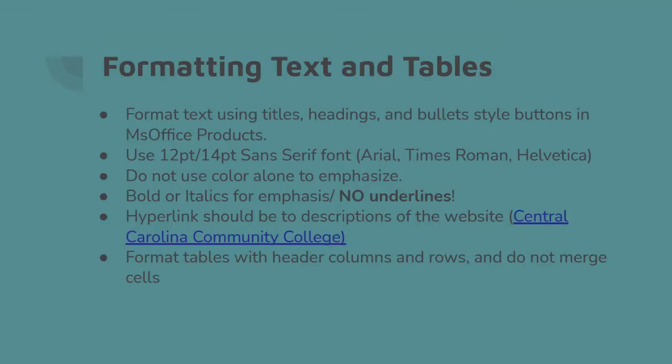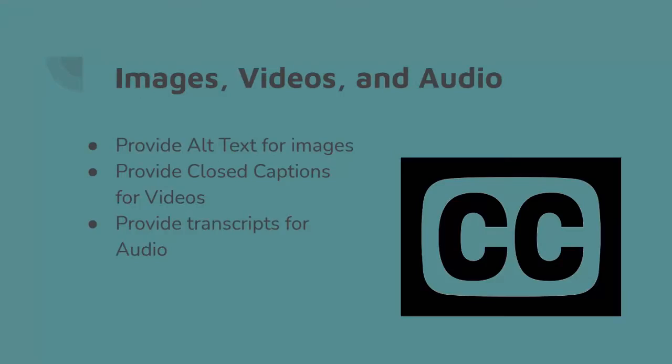The other aspect of our courses are our images, our videos, and our audio. So we want to make sure that we are providing a rich, multimedia, robust course with lots of different ways for students to interact and perceive the content that you're delivering.